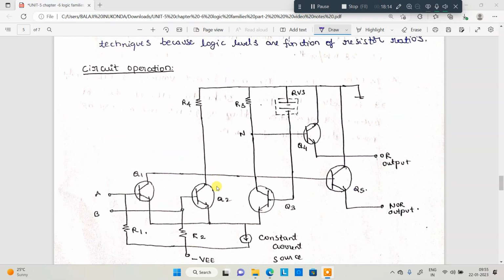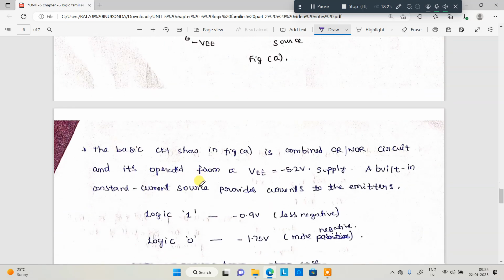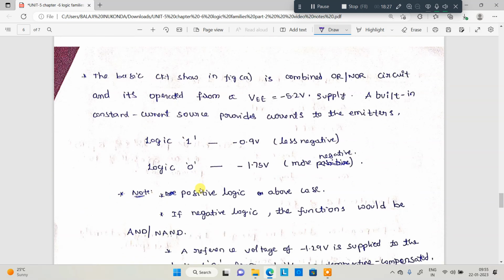Here, VBB is a voltage supply that is not affected by temperature. This is a constant current source which is driving the Q3. The basic circuit shown in the figure is based on a combined OR and NOR circuit.